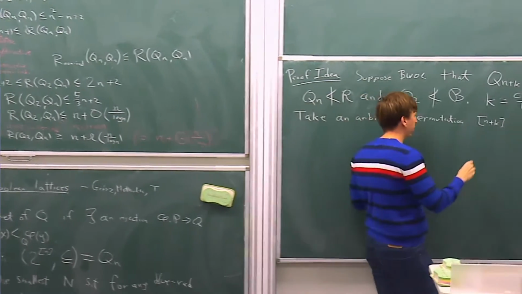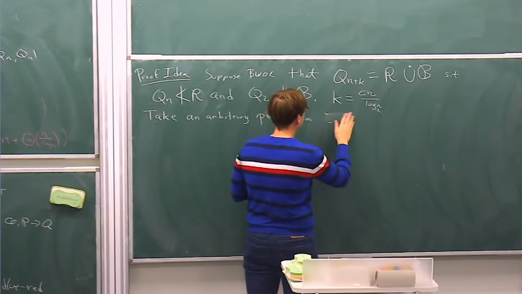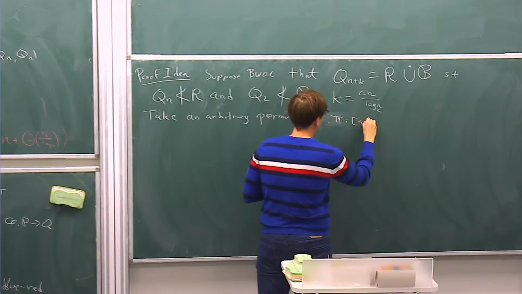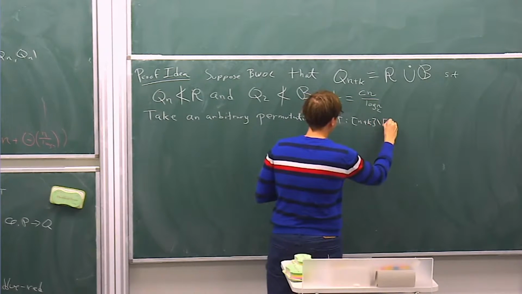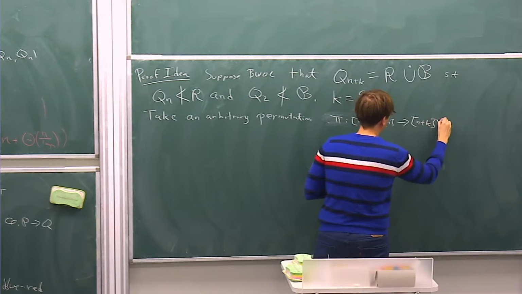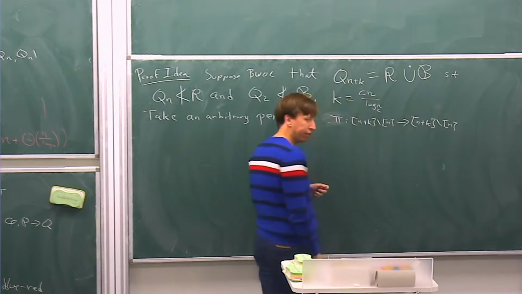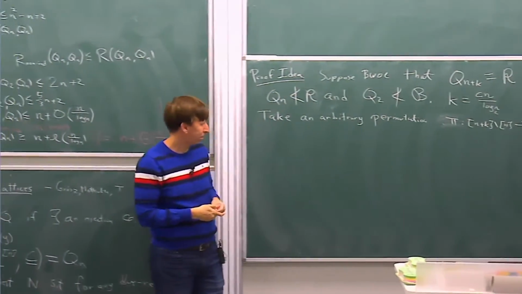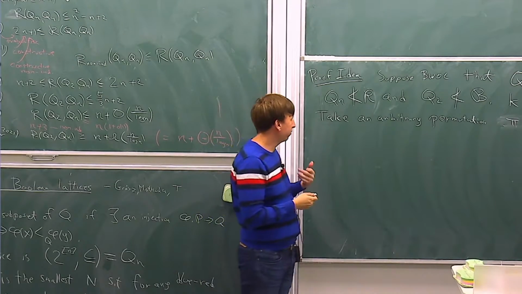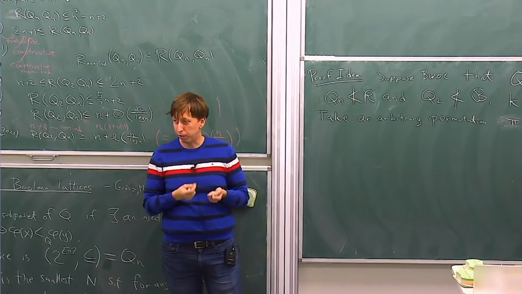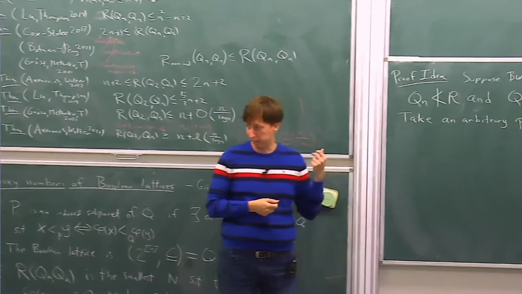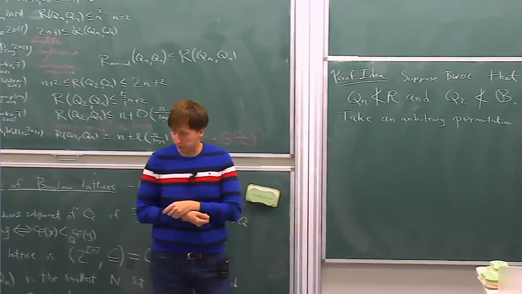So take a permutation pi mapping n plus k minus n to n plus k minus n, so we order the extra elements in some way. And the way the proof goes is, we try to construct an embedding of Qn into the red sets of Qn plus k.